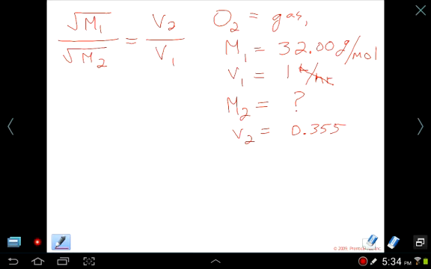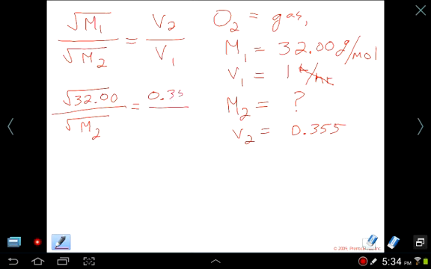So the square root of 32 over the square root of our unknown, we can call it M2 still, equals V2 is 0.355 and V1 is 1.